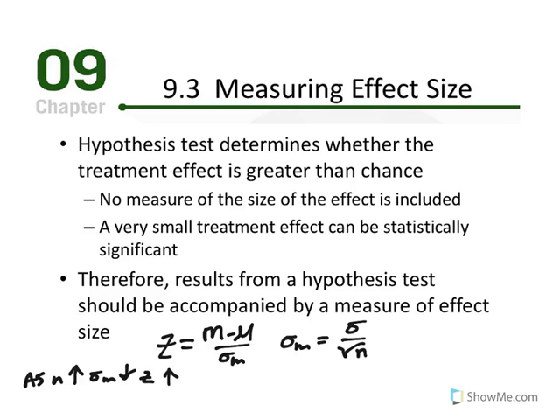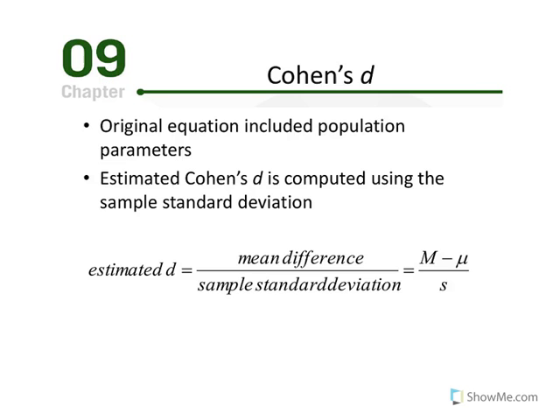So again, as opposed to the z-score, in this case, expressing the mean difference in standard error units, where standard error units are influenced by sample size, Cohen's d is simply expressing the shift, the difference between the treated mean and the untreated mean in standard deviation units.